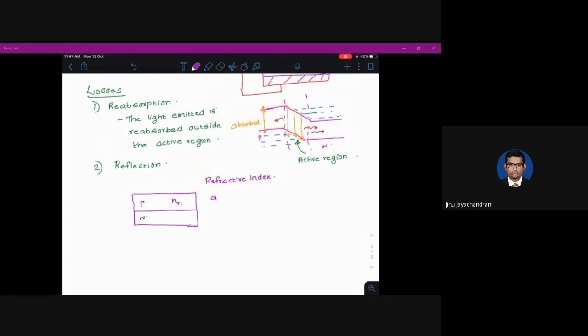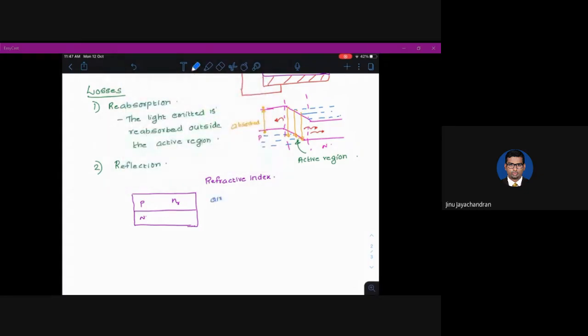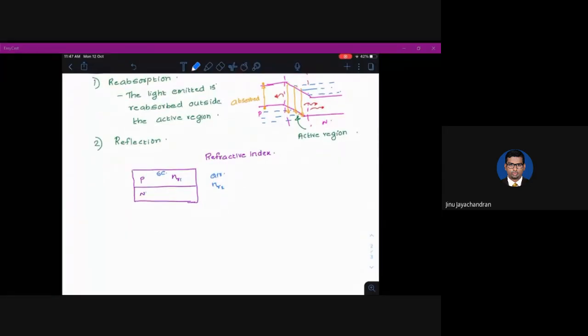So this is air and this is a semiconductor, and it has some refractive index NR2. We have studied in electromagnetic theory that if there are two mediums with different refractive indexes, the light incident on the boundary, some part will get reflected and some part will get transmitted.